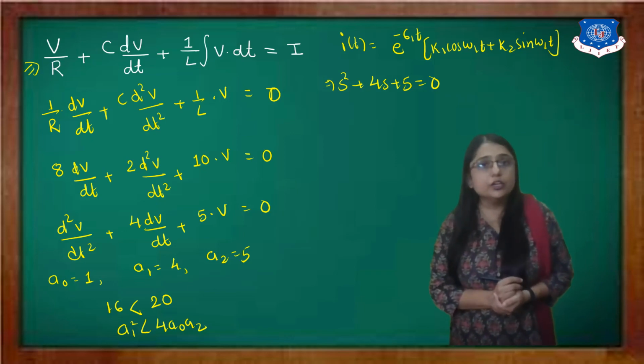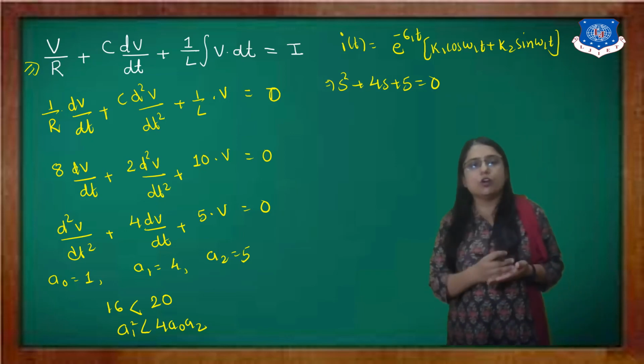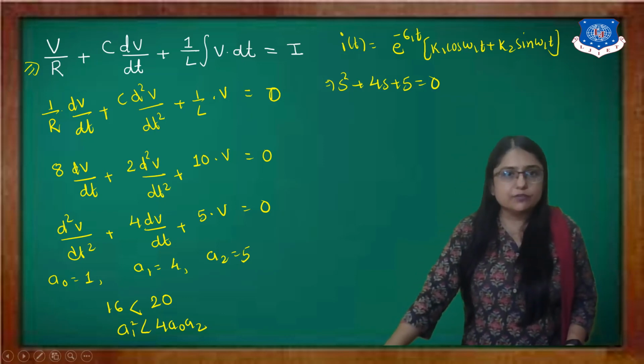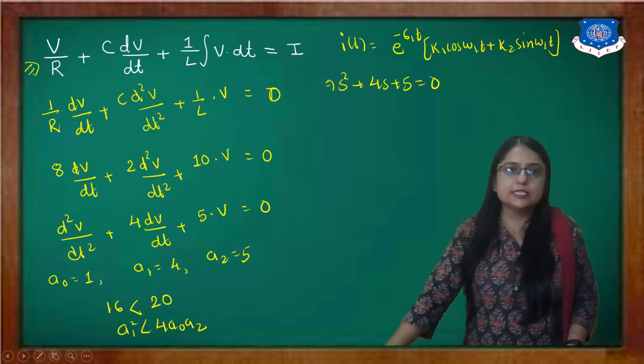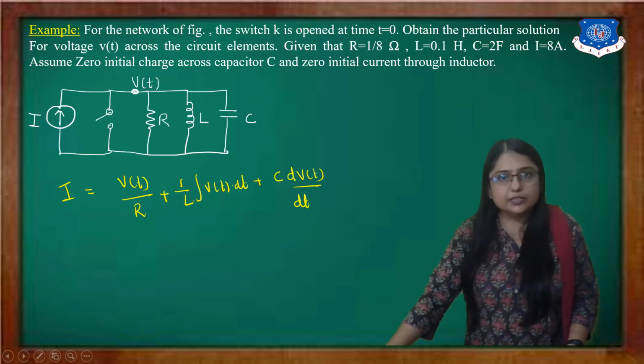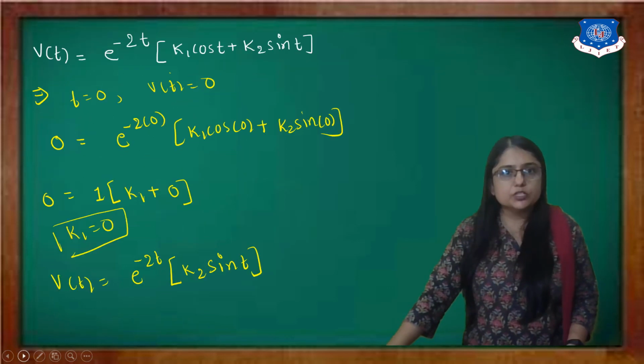Here you have to use one condition. If you substitute t equal to 0, voltage V equals 0, so this term becomes 0 and this term becomes 0. So dV by dt is I divided by C. The value of I is 8 and the value of C is 2.